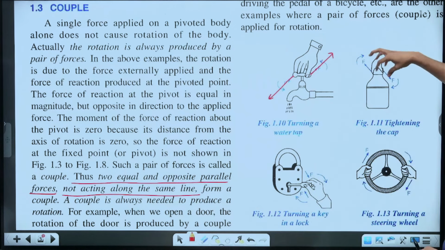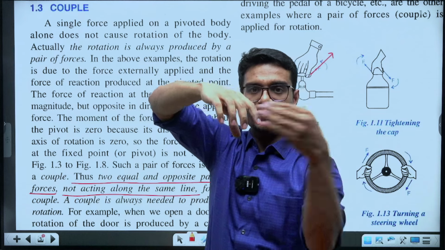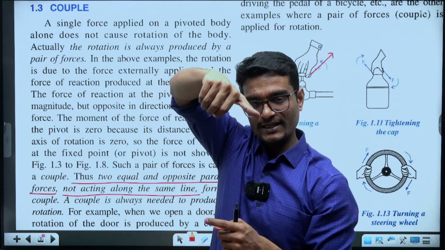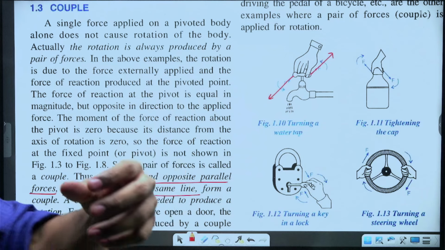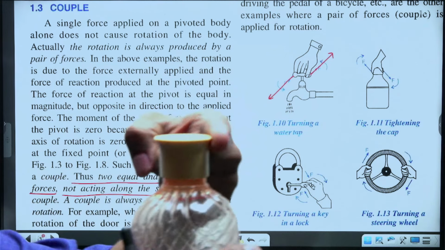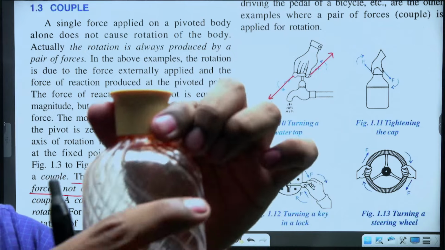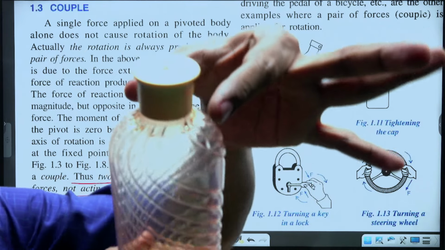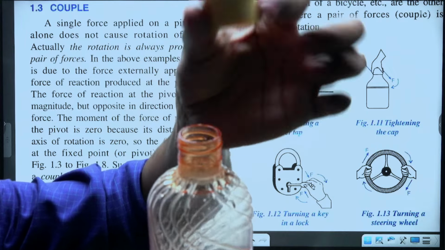When we open the cap of any bottle, these fingers apply the force in one direction while the thumb applies the force in the other direction. Try to open the cap of a bottle with one finger. It is not possible. Even if it is possible, actually there is a reaction force. When we use two fingers, it is easy to open.